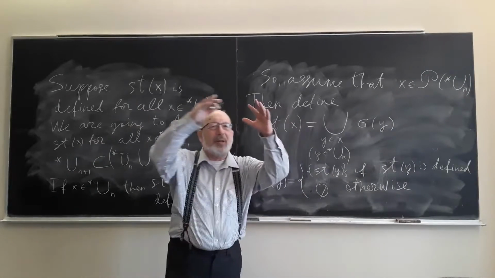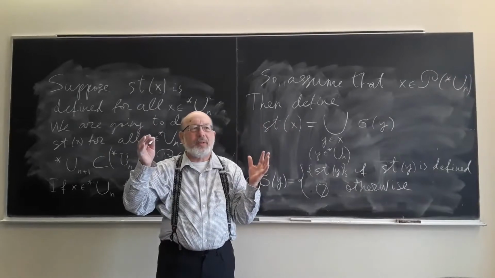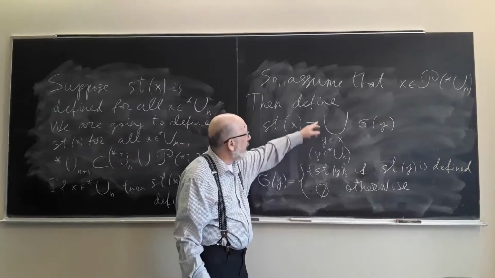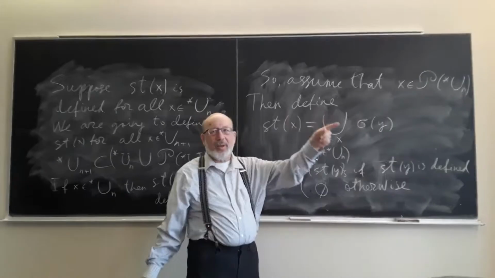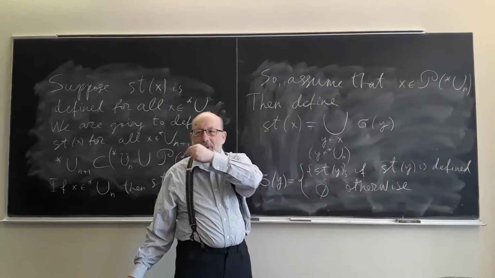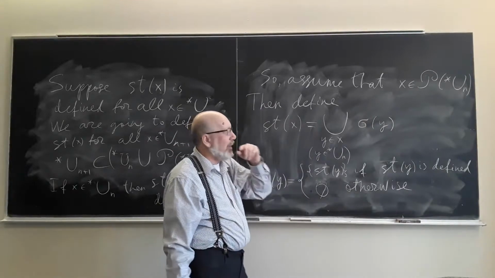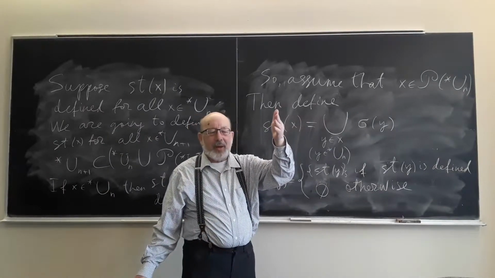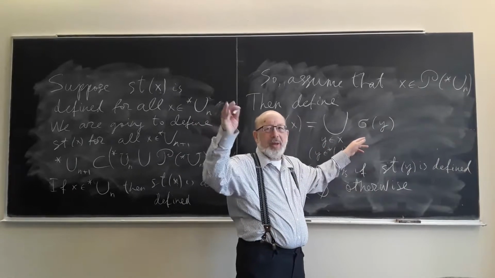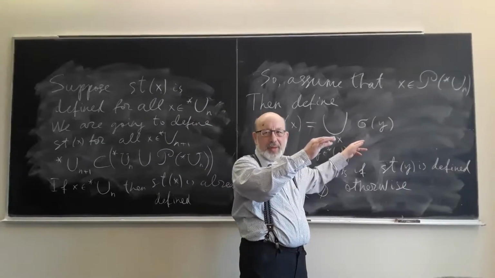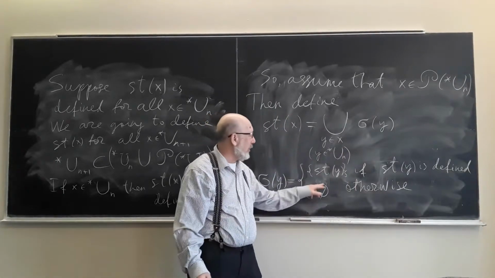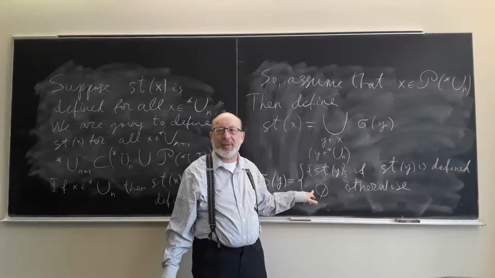So if you have some set of these non-standard numbers, what will happen? You take any member of this set of hyper-real numbers, and if it has a standard part, it will be added to this new set. If it has no standard part, nothing will be added, because otherwise it is the empty set.